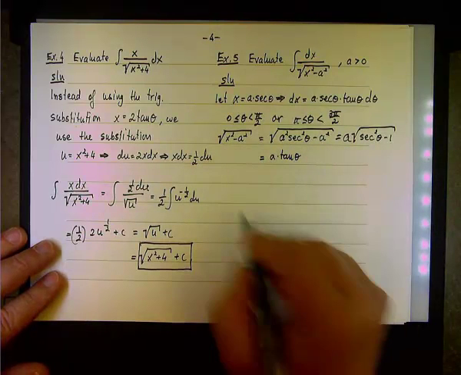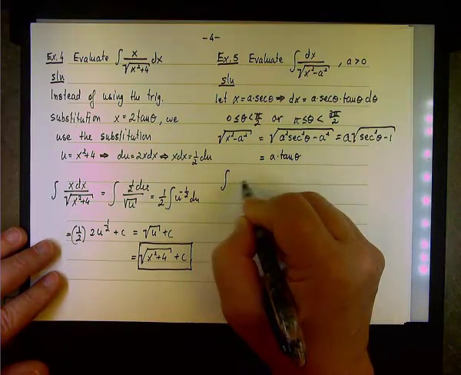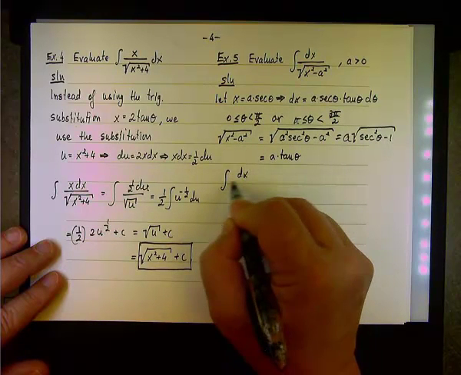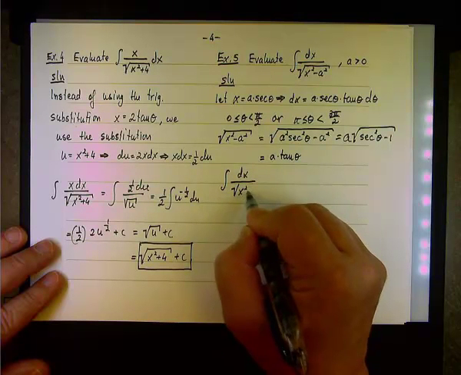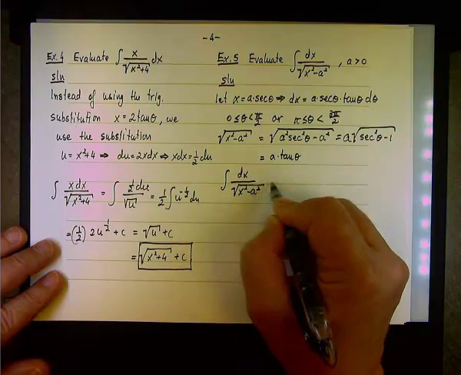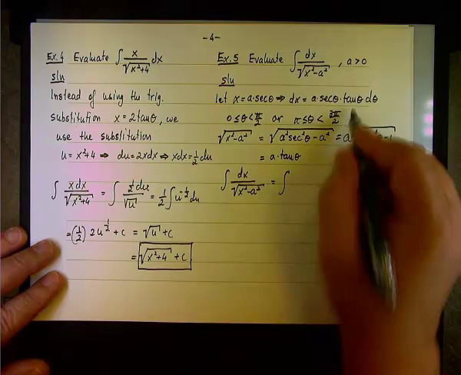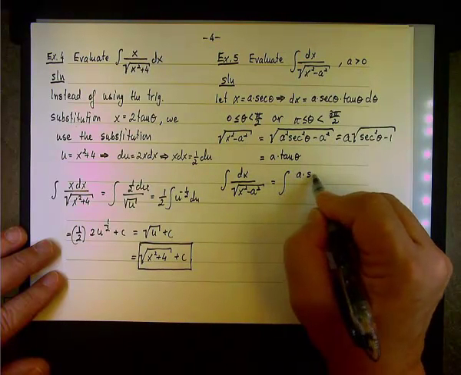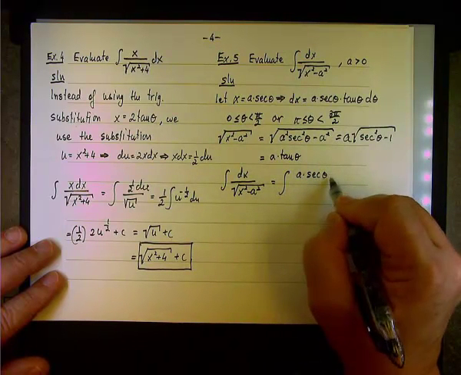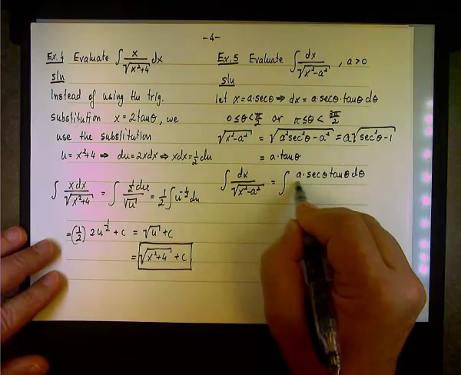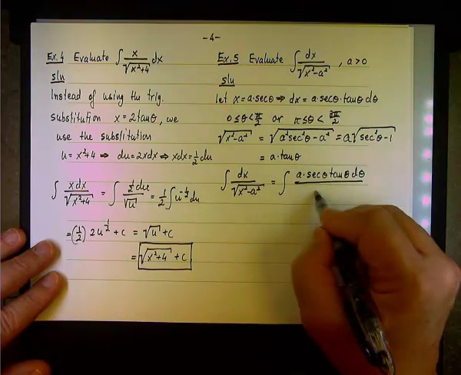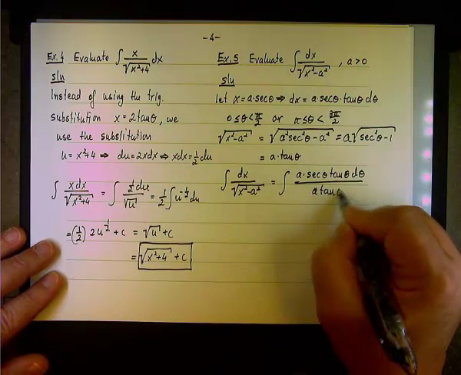And this is the radical, so now the integral of dx over the square root of x squared minus a squared can be written as the integral. Instead of the x, we have a times the secant tangent d theta, and the denominator is simply a tangent theta.